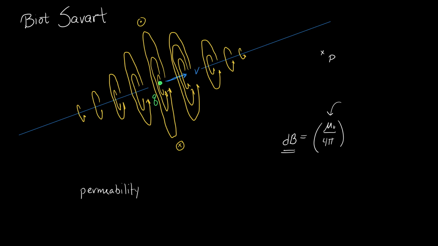It serves the same role as permittivity. It's how easily a magnetic field can be set up in this region of space that you're in. So with the naught there, we're talking about the permeability of free space. So it takes the same role as epsilon did for electric fields. So this is the version of epsilon, but for magnetic fields. And it's called permeability. So we have the permittivity constant and the permeability constant.